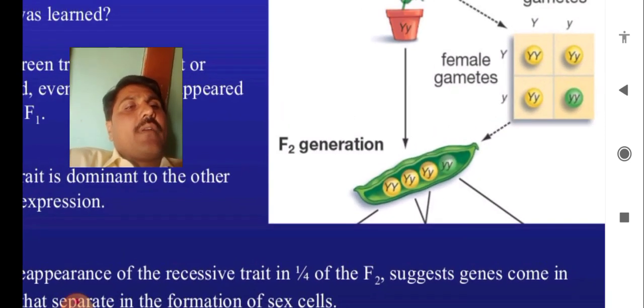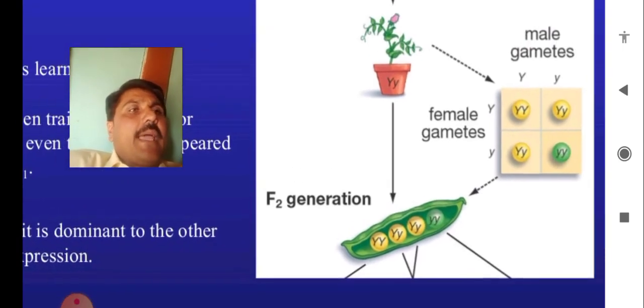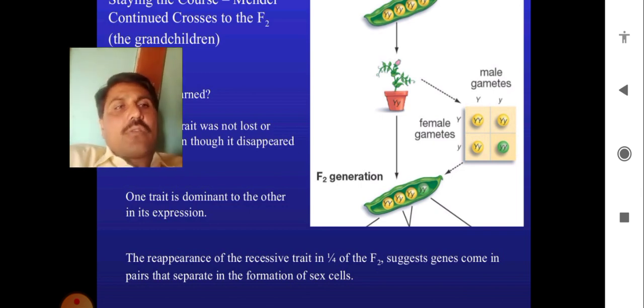That is, we see 1 to 2 to 1 genotype, and the phenotype is 3 to 1. The reappearance of the recessive trait is in 1/4 of the F2 generation.